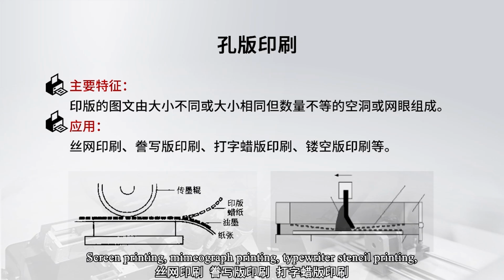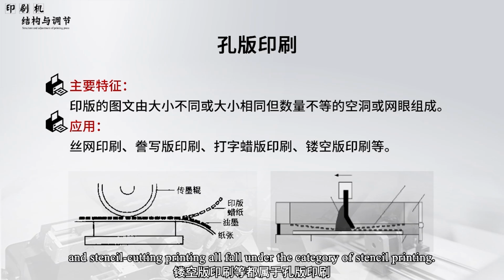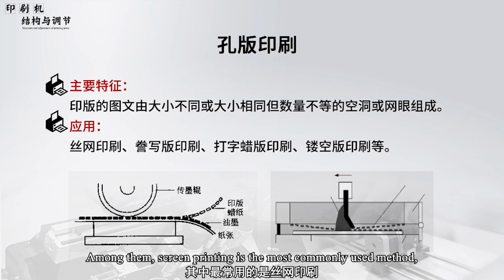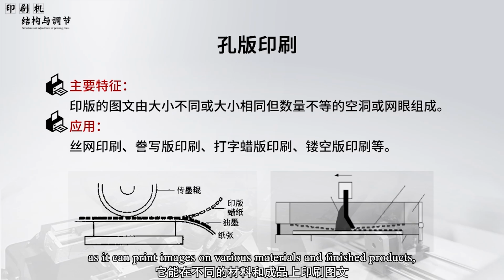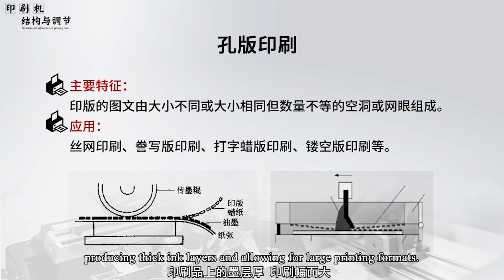Screen printing, mimeograph printing, typewriter stencil printing, and stencil cutting printing all fall under the category of stencil printing. Among them, screen printing is the most commonly used method, as it can print images on various materials and finished products, producing thick ink layers and allowing for large printing formats.